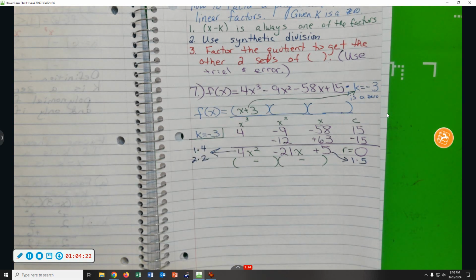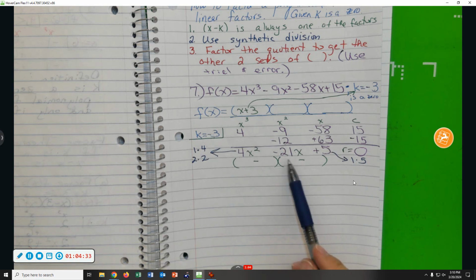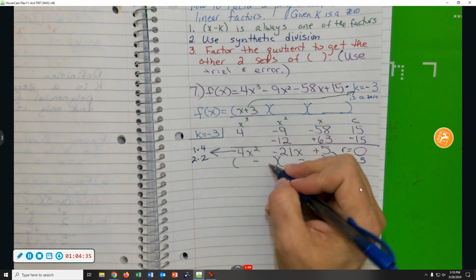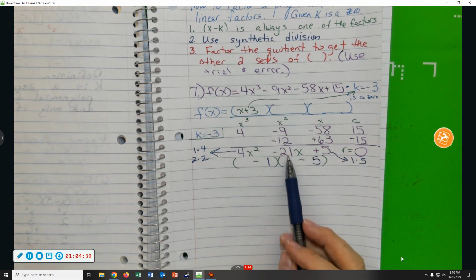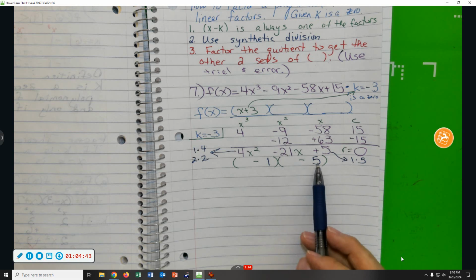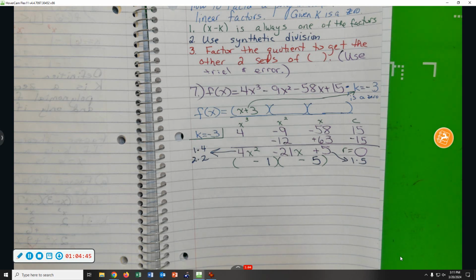The inclination is to jump to the 2 times 2, but I can tell that's not going to work. Let me fill in the 1 and 5 right now. Okay, the 1 and the 5. I need a negative 21 there. Well, if I multiply 4 by 5, that's going to give me 20.